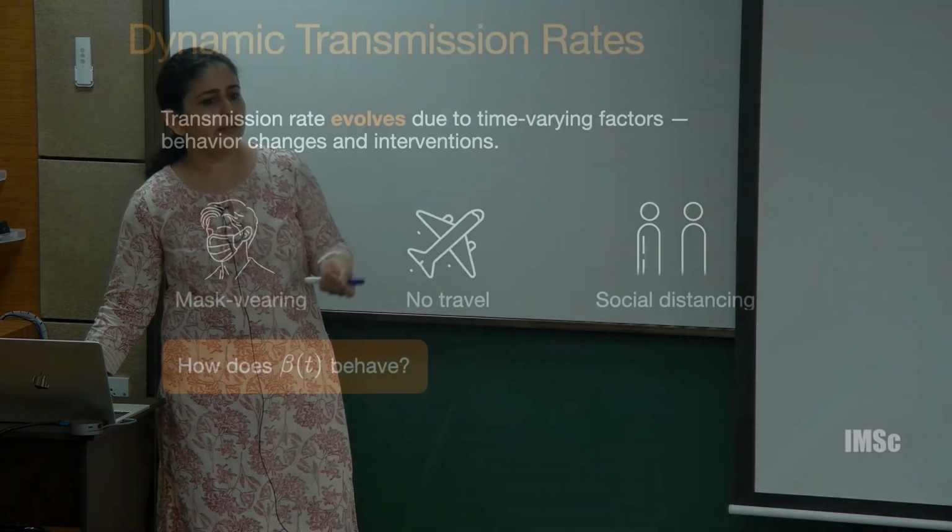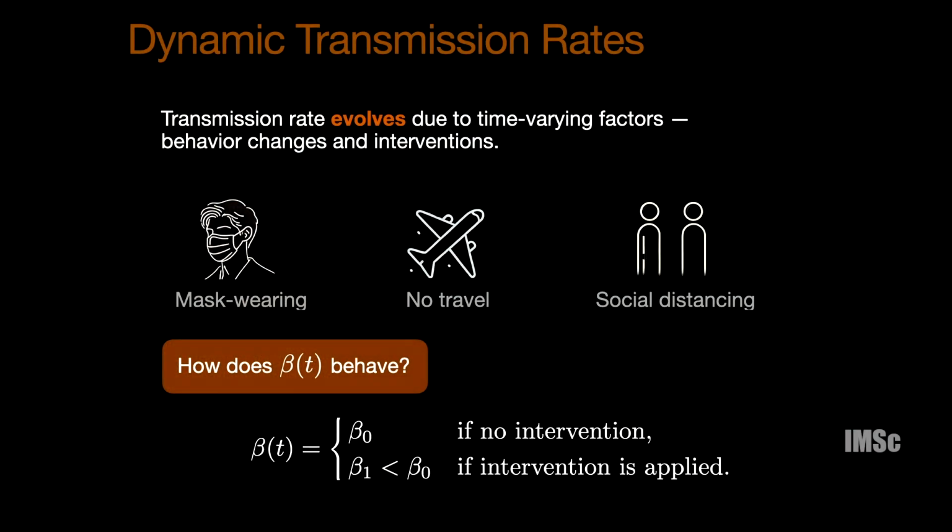So how does this beta t actually behave mathematically? One particular form could be this, where beta t is beta 0. I have some transmission rate beta 0 when there is no intervention, right? If there is no mandate, I just go on with my life as usual. And then there is a beta 1, which is less than beta 0, if intervention is applied.